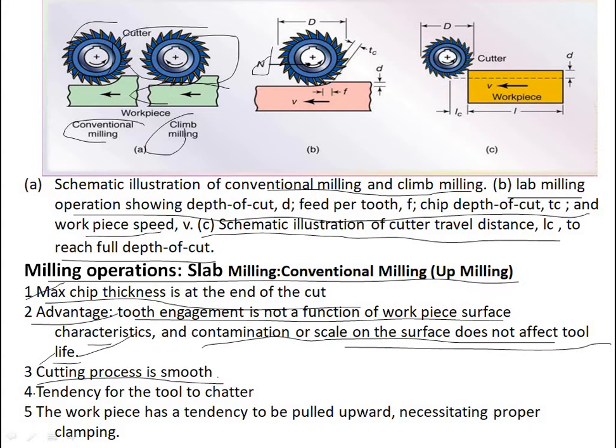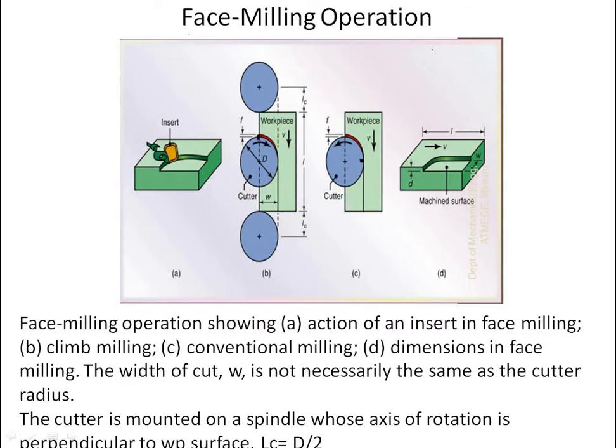Okay, cutting process is smooth. The fourth one is the tendency for the tool to chatter. And the fifth one is the workpiece has a tendency to be pulled upward, necessitating proper clamping. Understood? So next we will be discussing face milling operations.